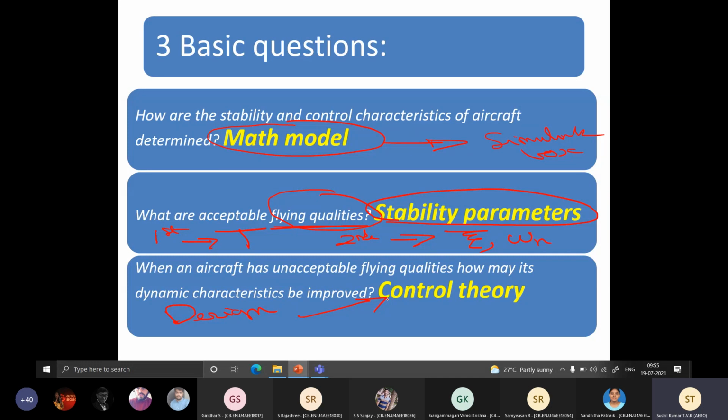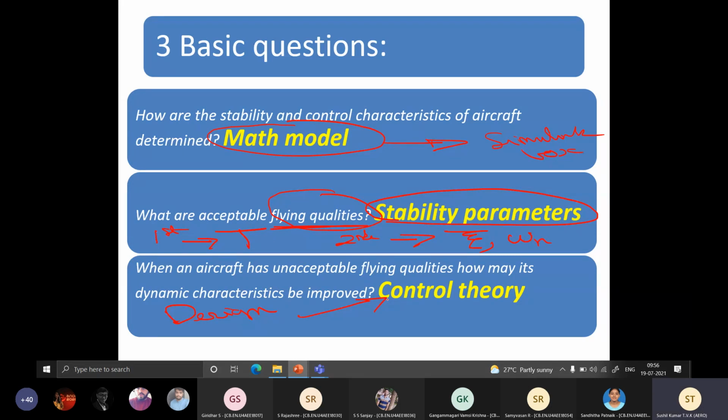Now you are telling, like Rajesh was asking me, why sir it's behaving, it is becoming unstable for the simple reason that something is moving towards the right half of the S-plane. And your intention is always to keep the closed loop poles in the left half of the S-plane. Okay. So three clear blocks by which we are going to understand this a bit complicated subject called flight dynamics and control.